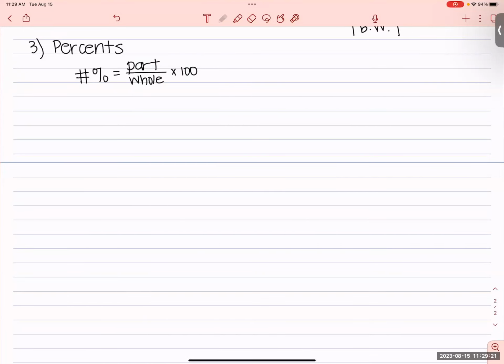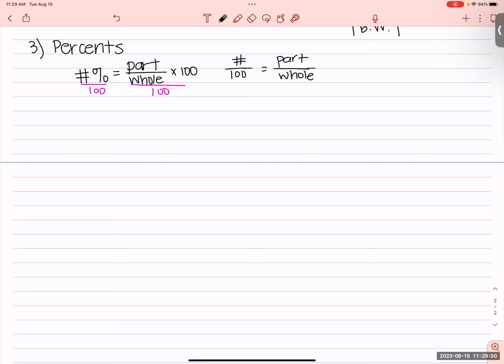So if I divide both sides by 100, I would get whatever my number is divided by 100 is now equal to the part over my whole. And then I can use this as a fraction. If you don't know what the whole is, you can assume 1.